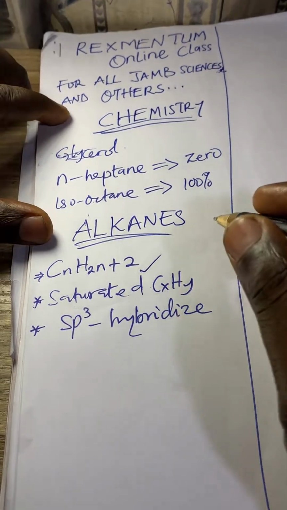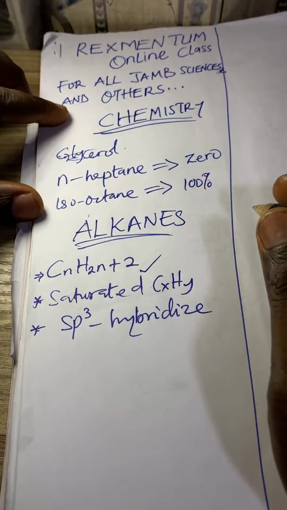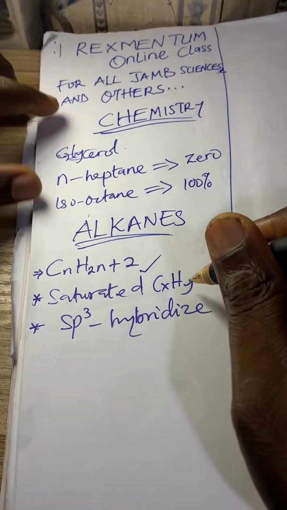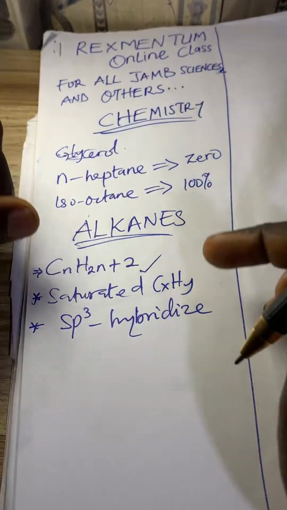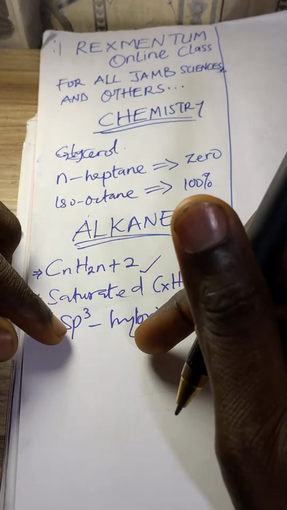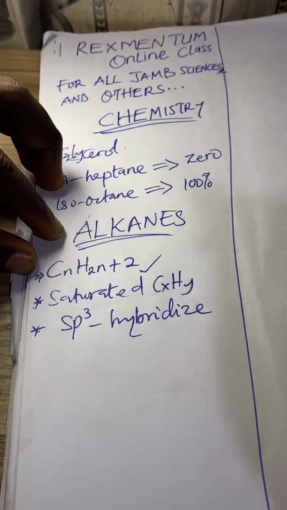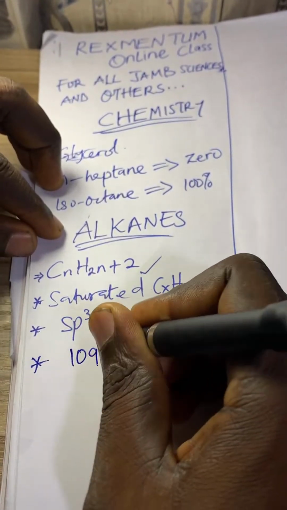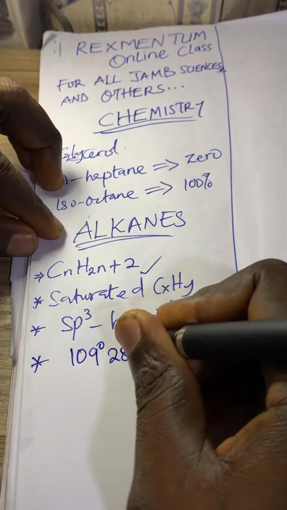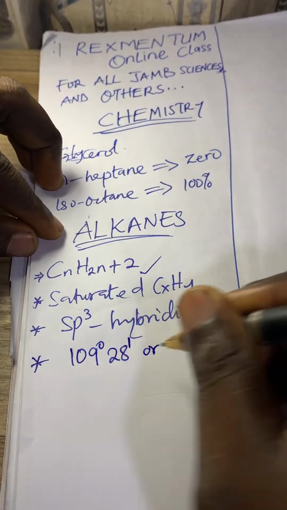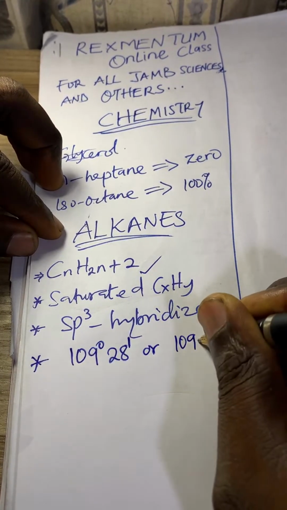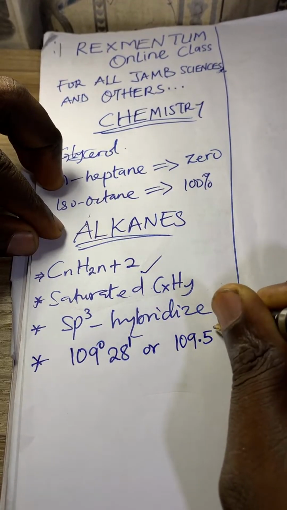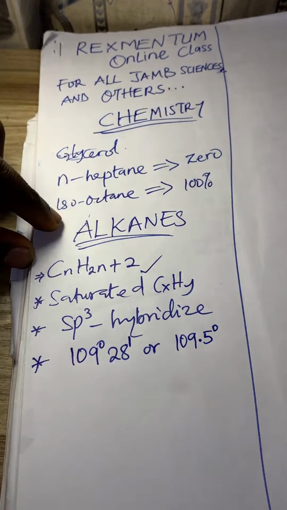Okay. Now, this is the general molecular formula of alkane, and like I say, alkane is a saturated hydrocarbon. It is sp3 hybridized. It has the bond angle of 109 degrees 28 minutes, or simply put, 109.5 degrees. That is the bond angle of an alkane.